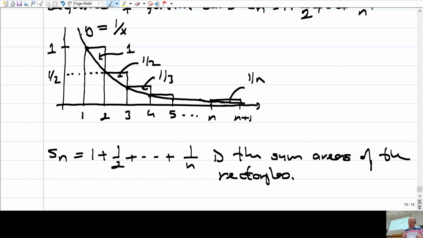The first rectangle has area 1 and then 1 over 2, 1 over 3, 1 over 4 and so on. Well, that area is larger than this area, right? Consider the area under the curve. This area is strictly less than the area of the sum of the rectangles.